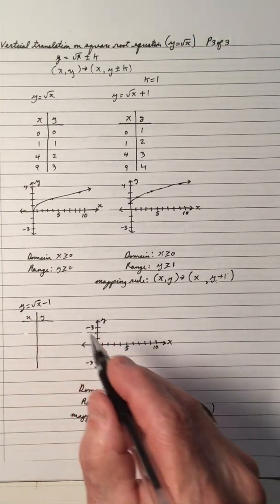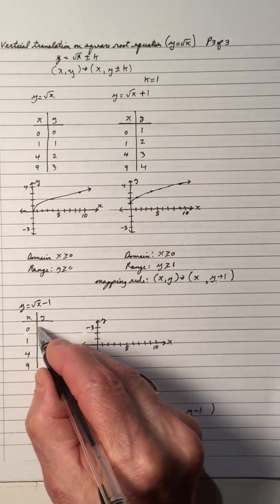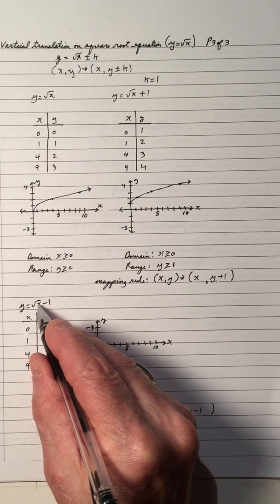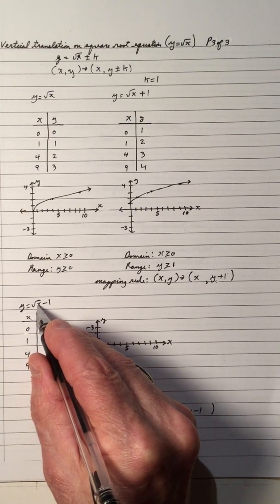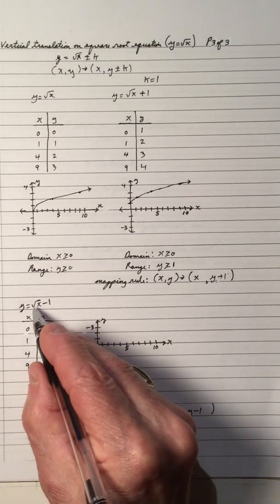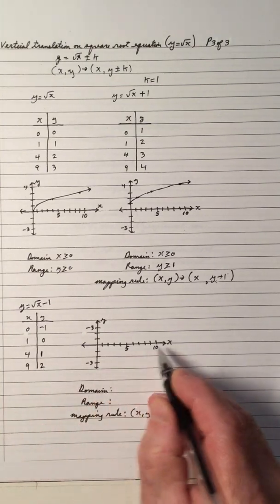So what happens? The x's are 0, 1, 4, 9. And when you put a 0 in, take away 1, negative 1. Put a 1 in, square root of 1 is 1, 1 minus 1 is 0. Square root of 4 is 2, 2 minus 1 is 1. And when you put a 9 in, square root of 9 is 3. 3 minus 1 is 2.